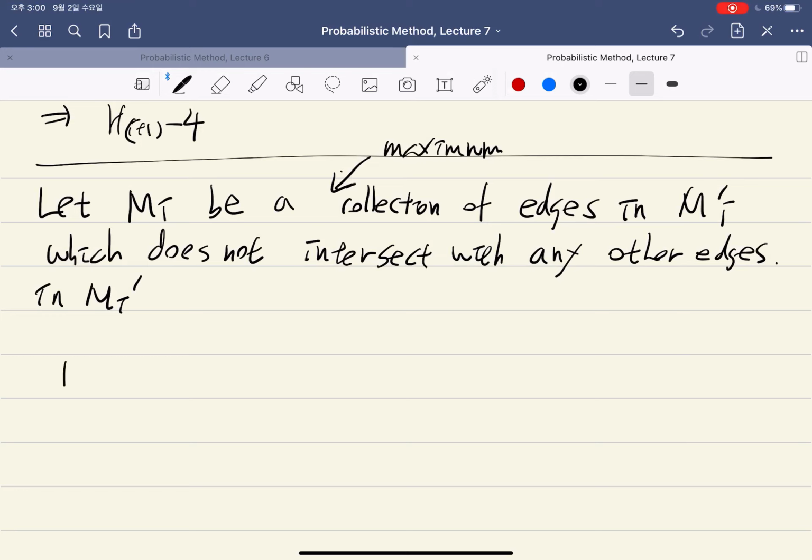Then what do we have? In Hi, the number of vertices in Hi, you subtract this V prime. Then this is exactly the number of vertices covered by M prime. And this is all the edges in, let's write it this way to not confuse with the number of edges, this is a collection of edges. All the edges in Mi occupy k vertices.